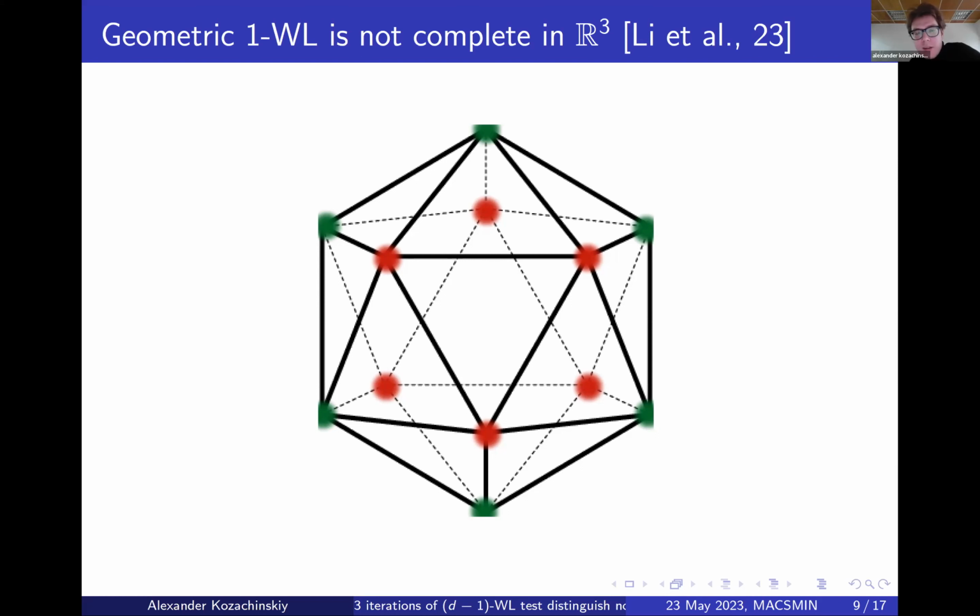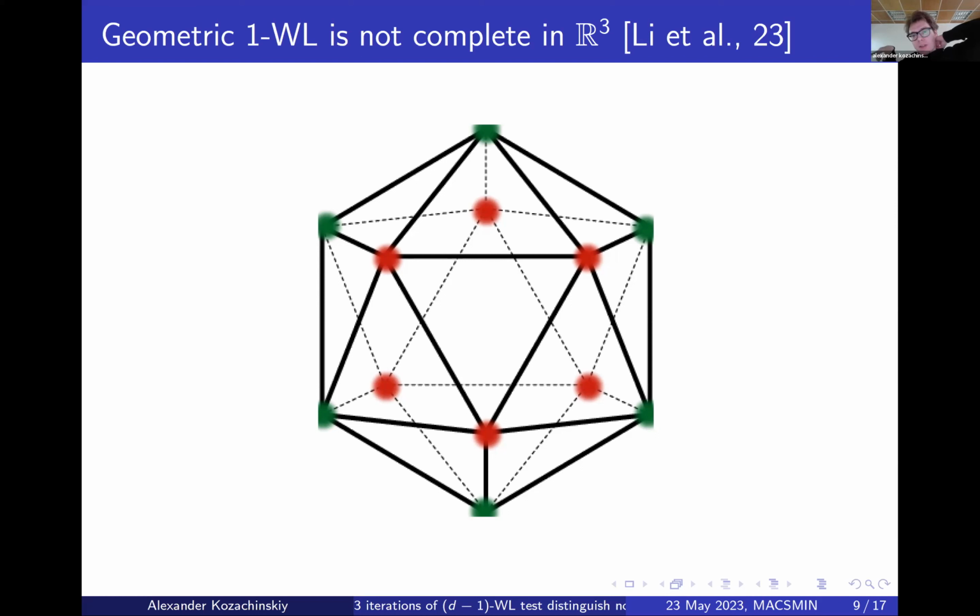The claim is that the green and the red point clouds are not isometric. It's more or less clear from the picture, but still, the list of distances will be the same, and moreover, every point will have the same distances in its own point cloud to other points.